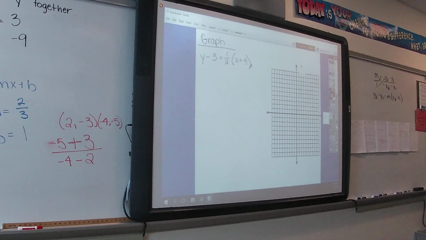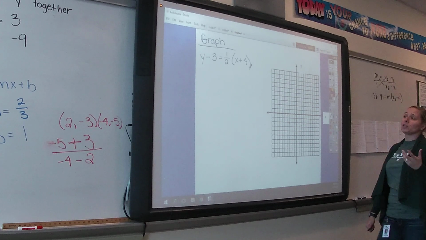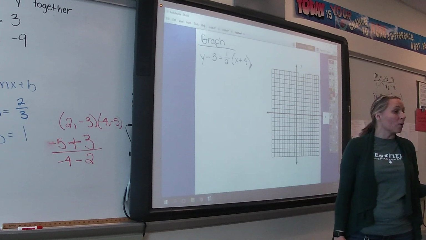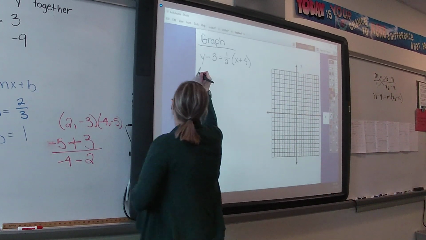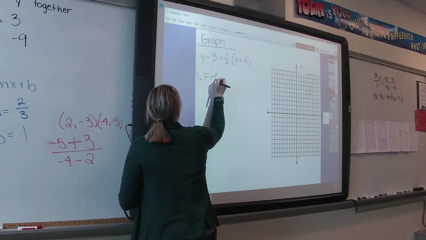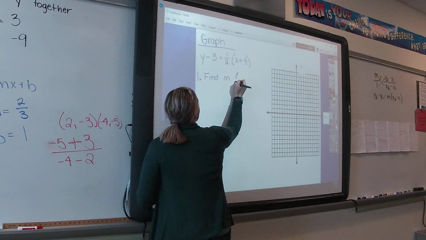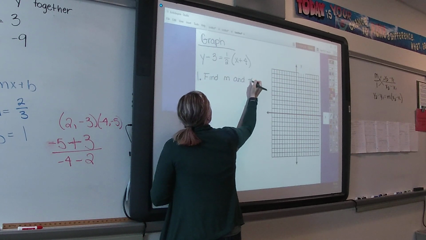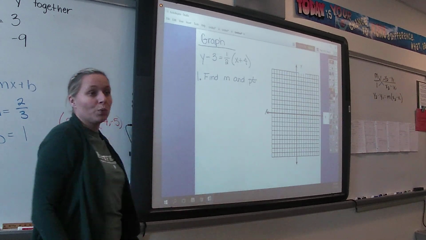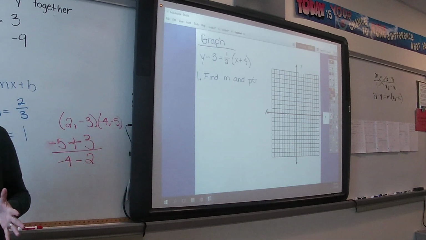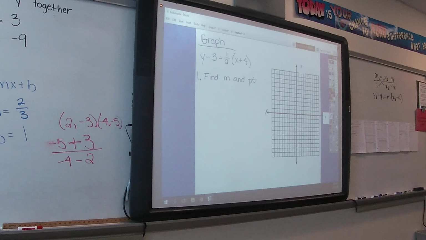Our very first step is going to be very similar to slope-intercept form: find our slope and our point, which is what we were just practicing. So that when we go to find our point and slope, we look at it and we can find it.